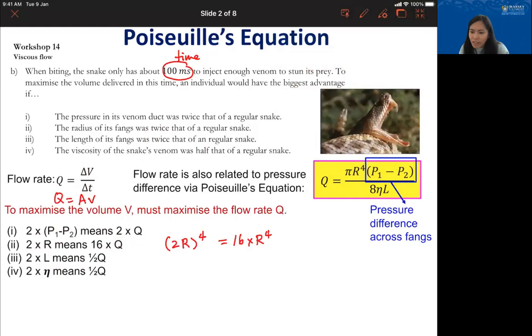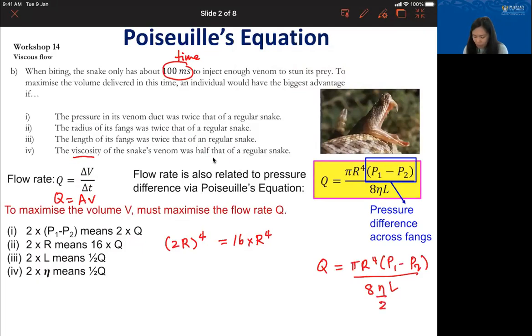So in choice 4, it's the viscosity that is halved. It's not the flow rate that is halved. So you'll have the whole thing, pi r to the 4th times p1 minus p2, divided by 8 times L, and then the viscosity.